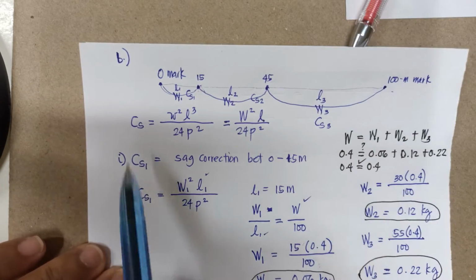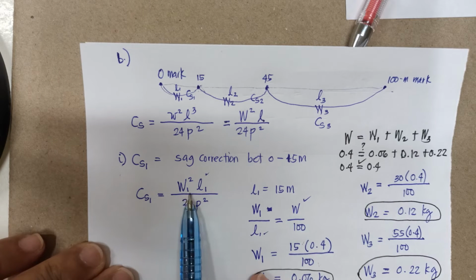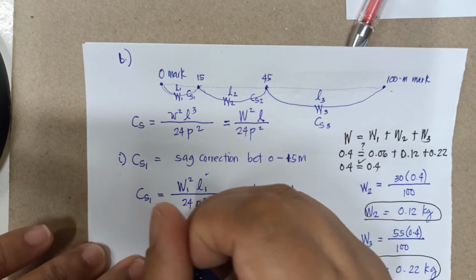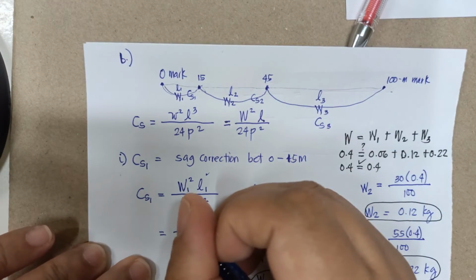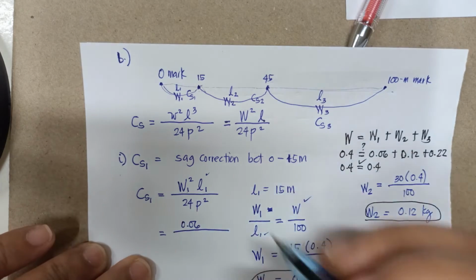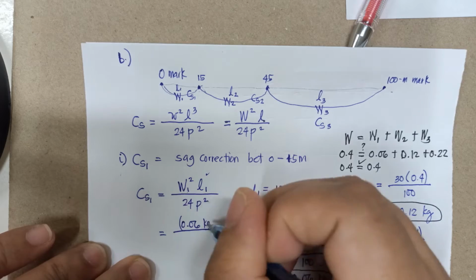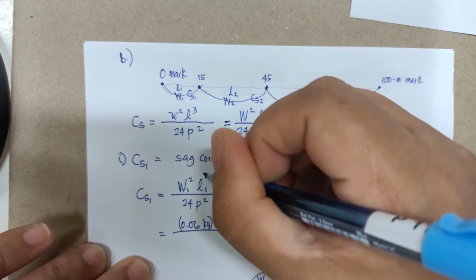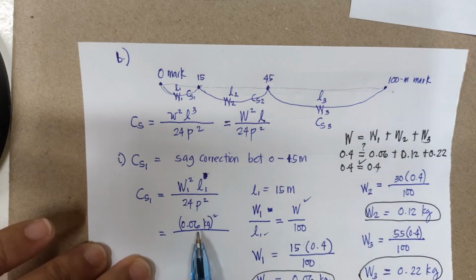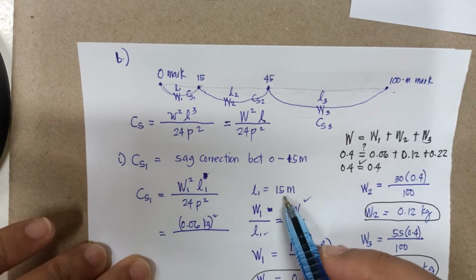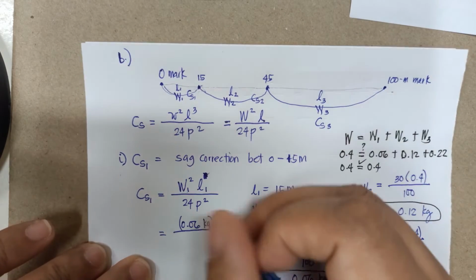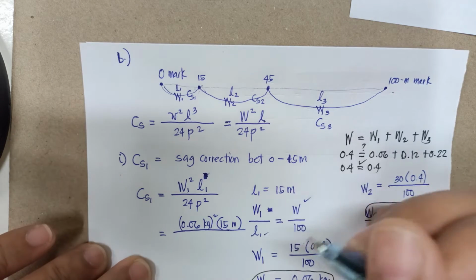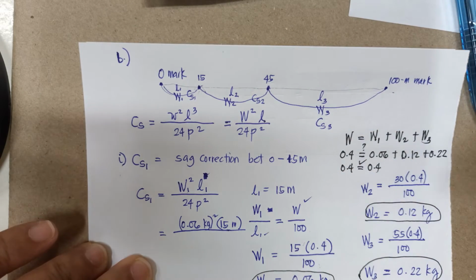Go back to the I. Substitute the values. We already have the W1, which is 0.06 kilograms, then squared, times L1. What is L1? L1 is this support, so you have times 15, in meters. Let me put a division here.